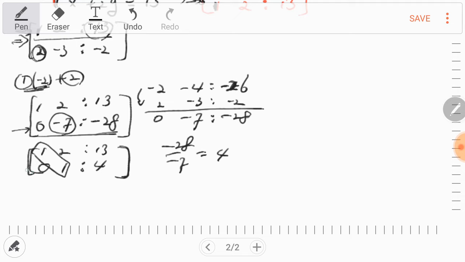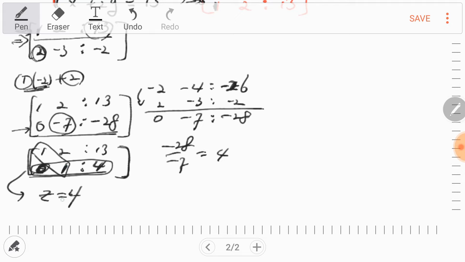Then from this we can use back substitution, which means starting from the bottom row, rewrite the bottom row as an equation. Then this is z equals 4. 0 is the coefficient of y, 1 is the coefficient of z. So z equals 4.